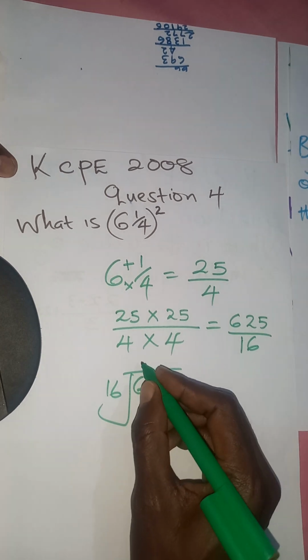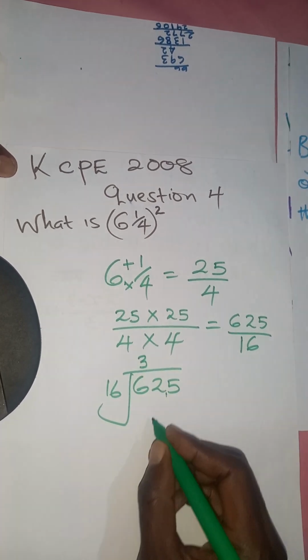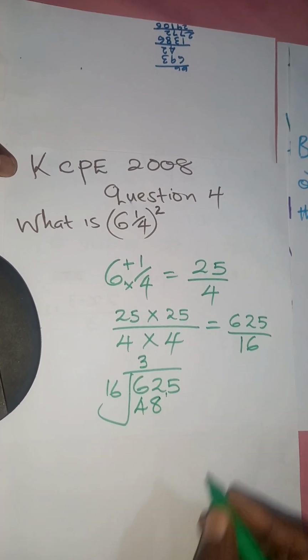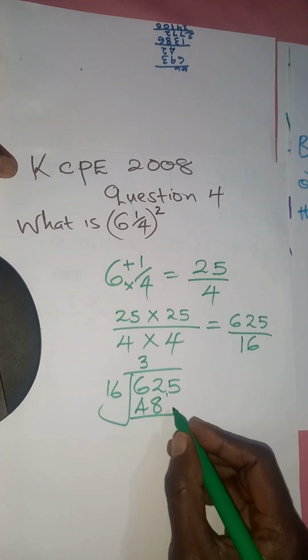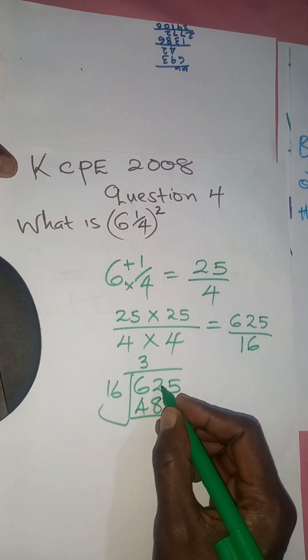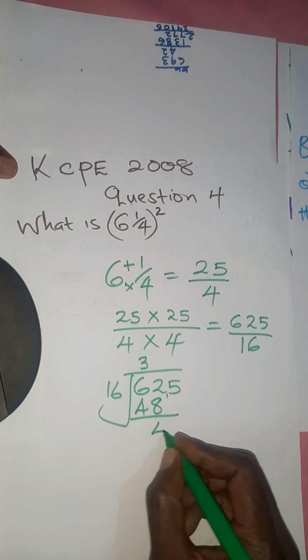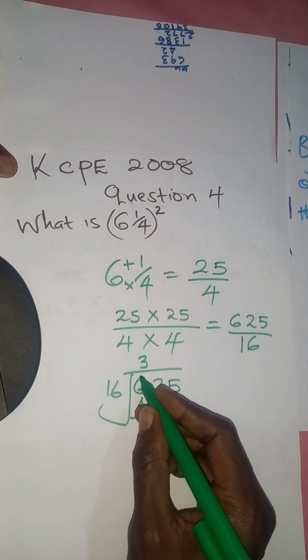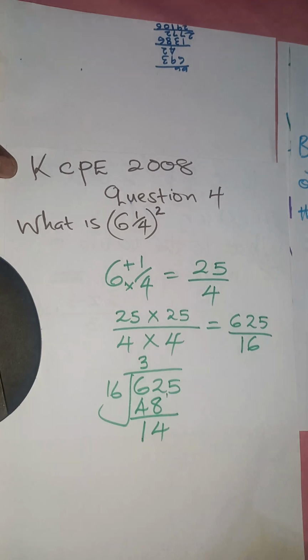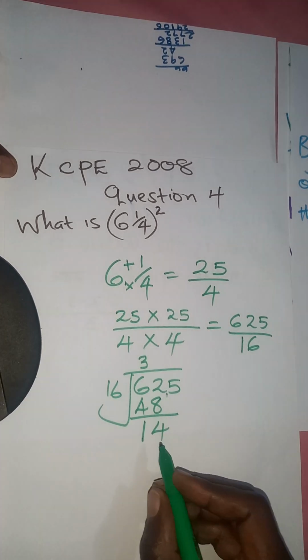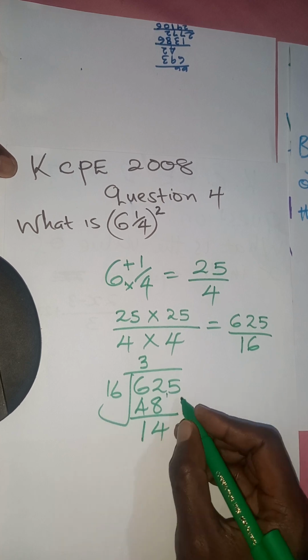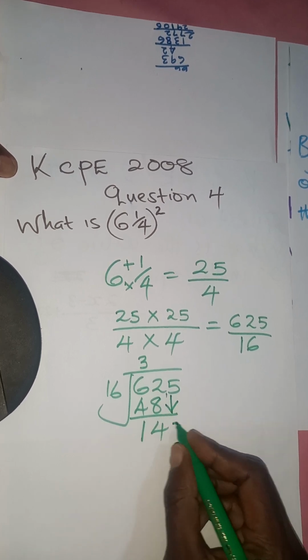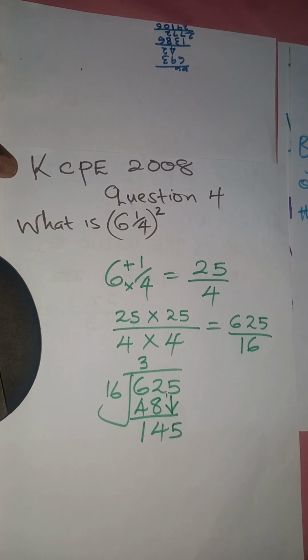So you say 16 times 3 to get 48. You subtract here. That is 12 minus 8. This is 4. We remain with 5 here. So this is 14. We cannot divide 14 by 16, so we drop 5. So it becomes 145.